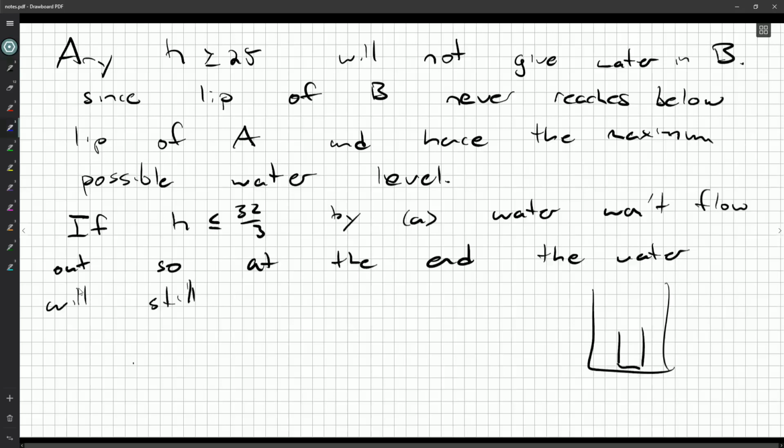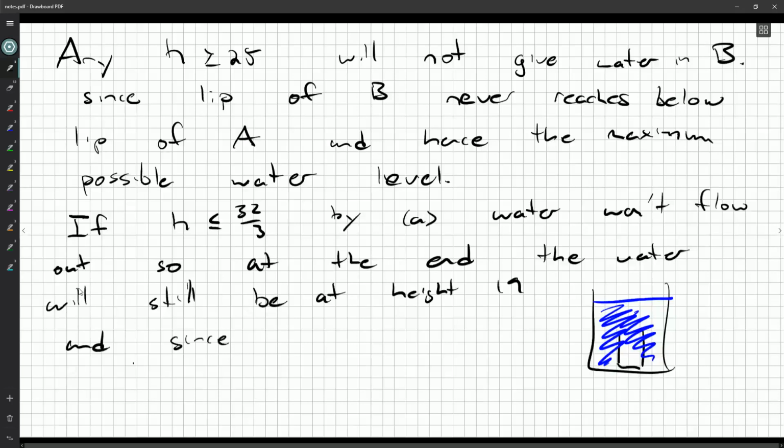It's going to be sitting at the bottom, well below the initial water level of 19, because no water has been displaced. So at the end the water will still be at height 19. And since 32 over 3 is less than 19, B will be full.